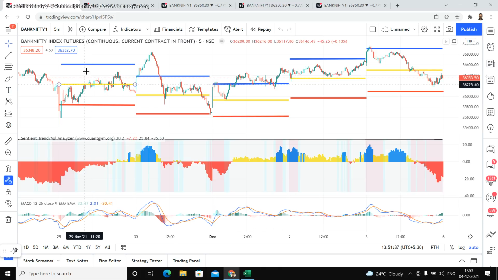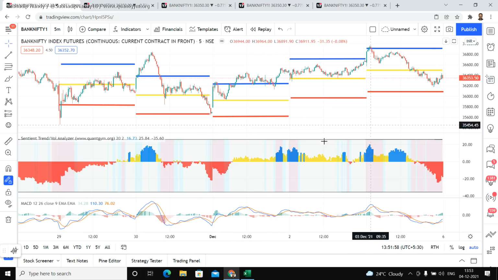So here what I can see is this structure was actually coming down, then this breakout came and the market went up. The structure is like this. This is 36095, which was the level for Friday. So next day, when I'm plotting the Monday levels, it will come a bit lower. So these are the levels which I will work with. In the previous last 5 days, the lower levels have not been breached.